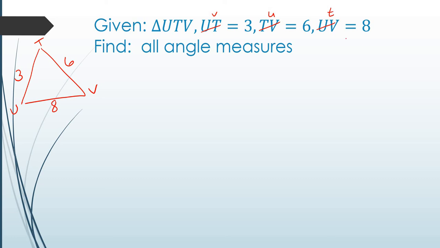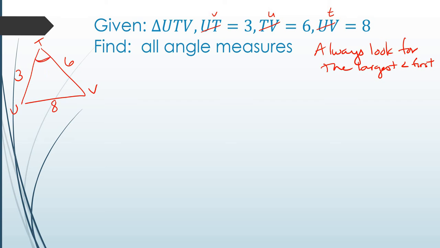Now you don't have to do that, but I think it's easier to put into the formula. So this time I'm looking for an angle measure. Here's my hint. Always look for the largest angle first. It will make your computations easier as you go along.